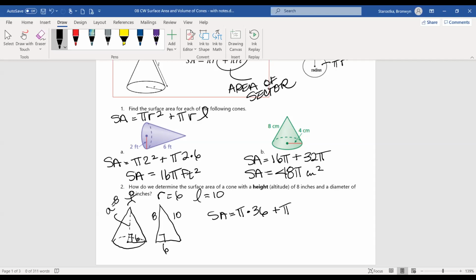Well, it's a good thing that we wrote it out here. 6 times 10 is 60. So surface area is 96 pi. What are we talking about? Inches squared. Exactly.